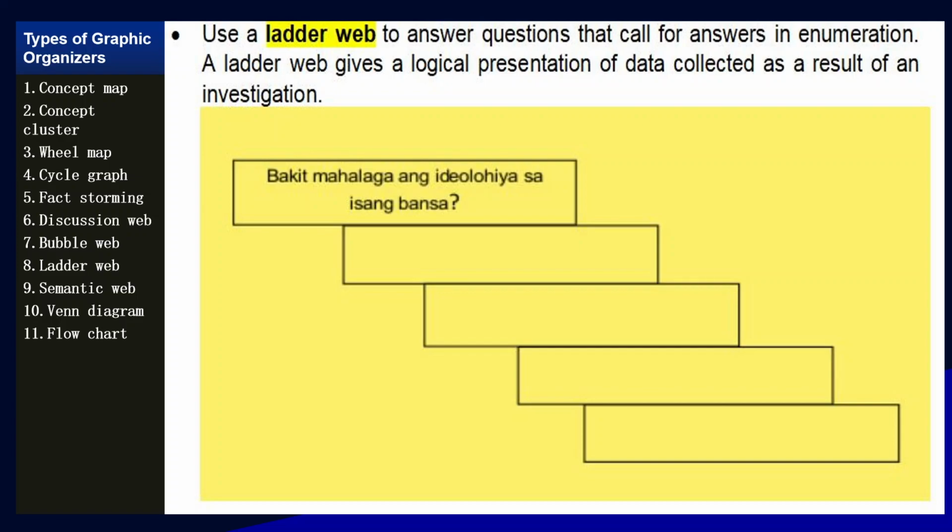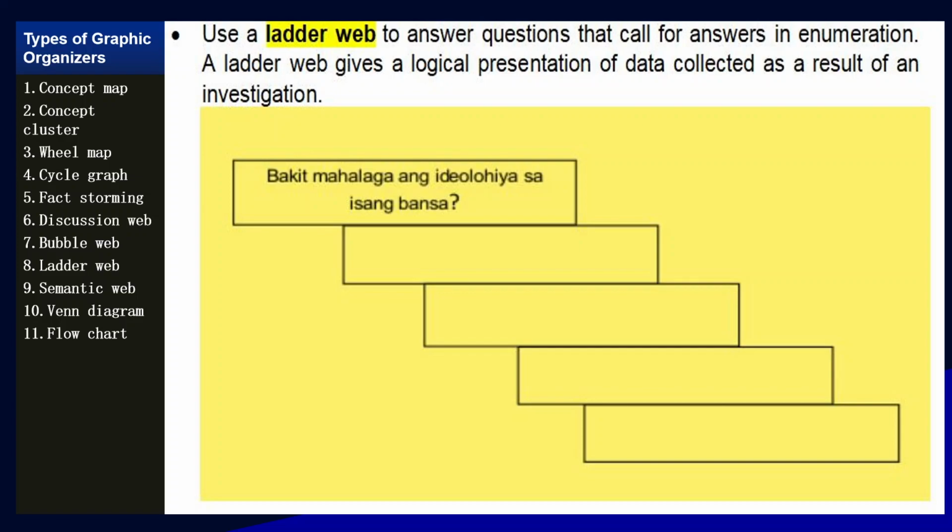So the ladder web allows an easy way to convey what you have found in enumeration. It's fine to just put an essay into it, but it's not as easy to be understood by your students. So you might use a graphic organizer, such as this ladder web.